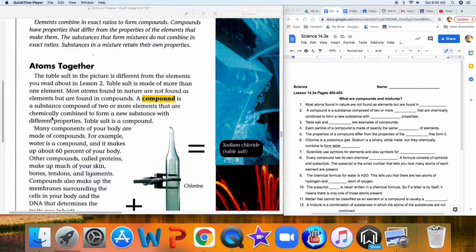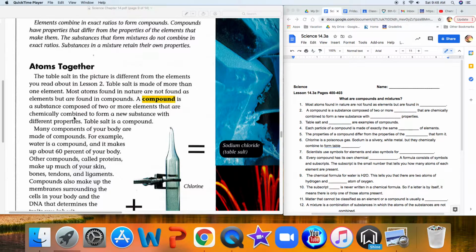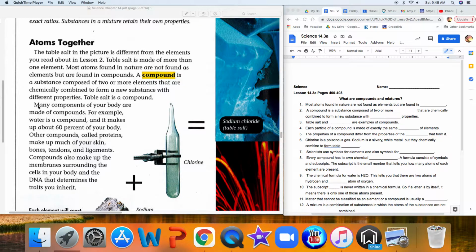So guys, 2 big things you need to understand here. Number 1, they're chemically combined, and number 2, they have completely different properties once they are chemically combined. I suppose the third thing you should know is that there's 2 or more elements to make a compound. Okay, now they'll give you the example of this. Many components of your body are made of compounds.